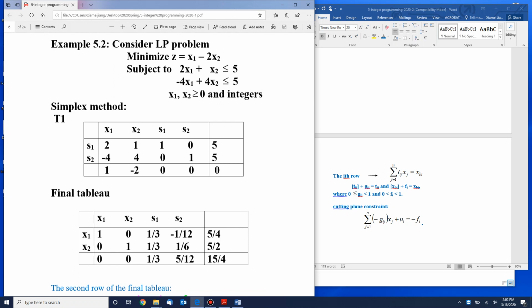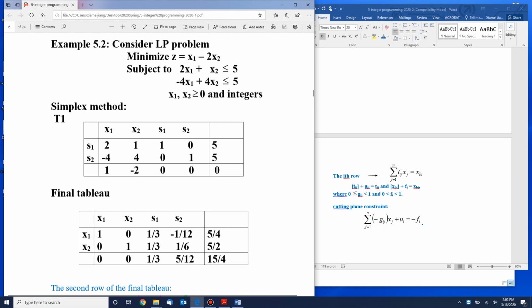Now we use the simplex method to work out the optimal solution for the problem, but without the constraint for variables to be integers. When we work it out, you can see the final tableau: x1 and x2 are both basic variables, so they have non-integer values. Note this 15/4, that is the negative of z.